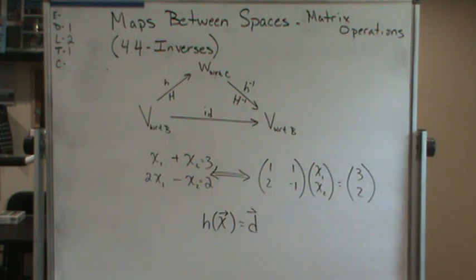So now by fixing the spaces and bases, for example, R2 with the standard bases like we did before in the previous video, we could apply it to both sides of G circle H of the x vector.